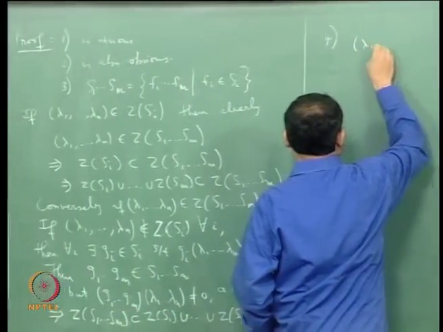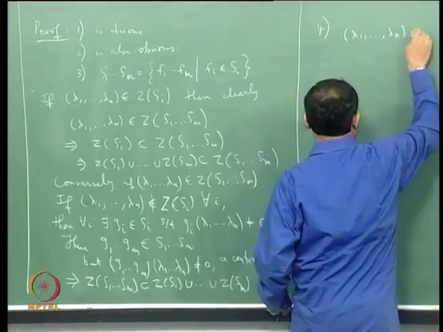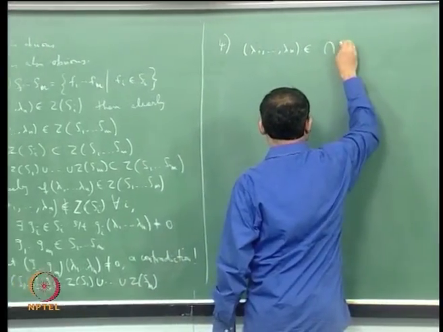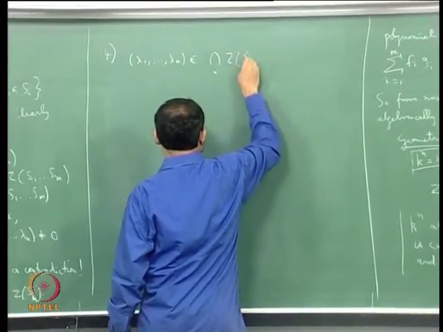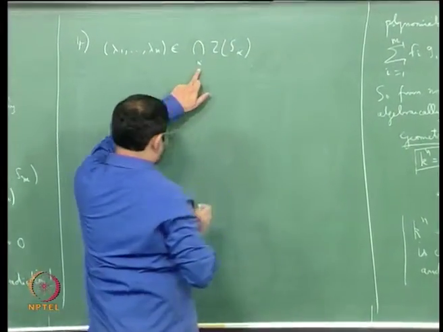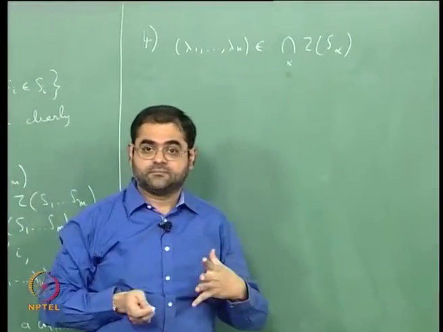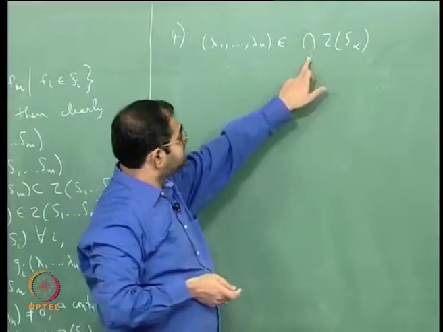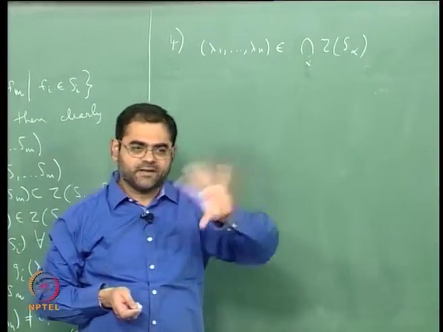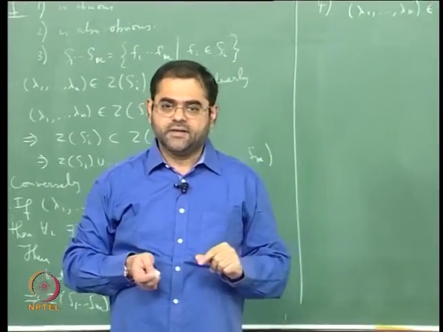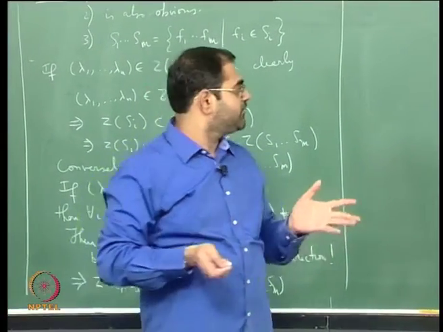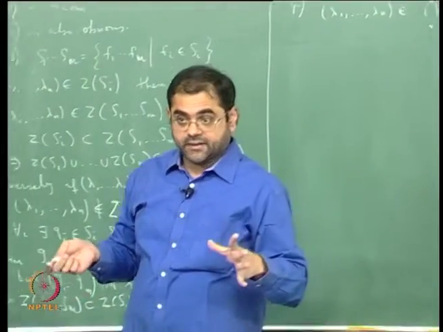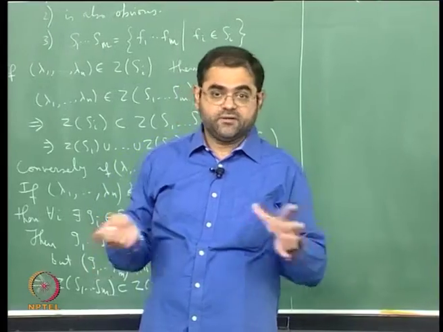you take a point lambda 1 etc lambda n in the intersection over alpha of Z of S alpha. Here of course you are assuming that S sub alpha is a collection of subsets of the polynomial ring, alpha is the index, and alpha varies over some indexing set which I do not want to be very explicit about, because there is no restriction on the indexing set, it need not be finite, it could be infinite.